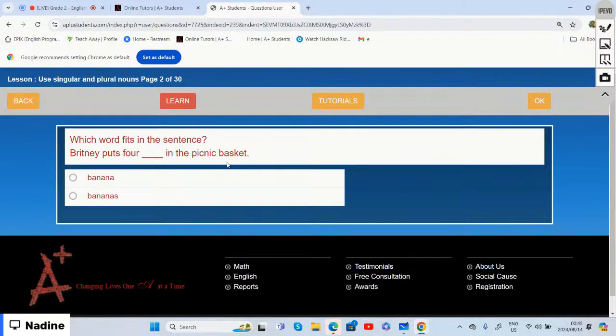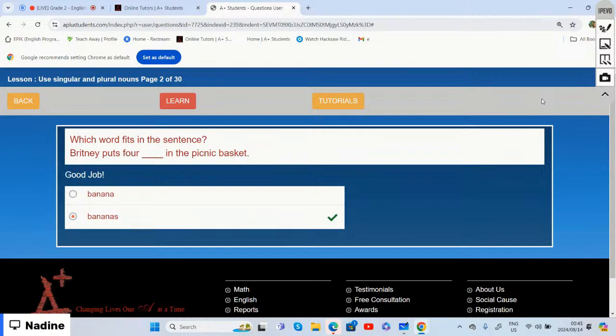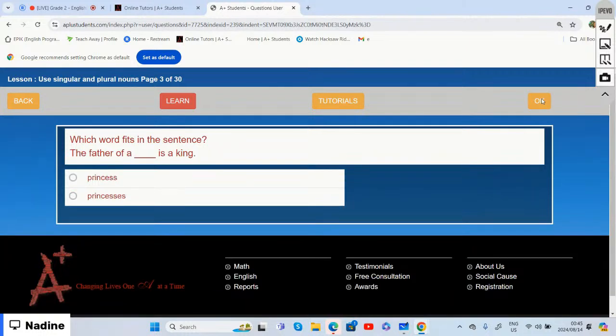So four banana or four bananas? Which one is correct? All right, and if we were to choose the correct one, we would say Brittany puts four bananas in the picnic basket. Well done. Let's do the last one and then we are done.